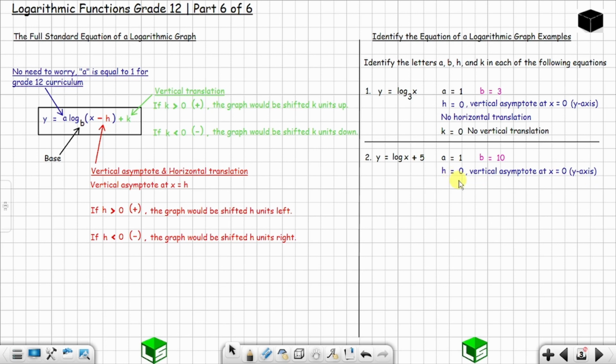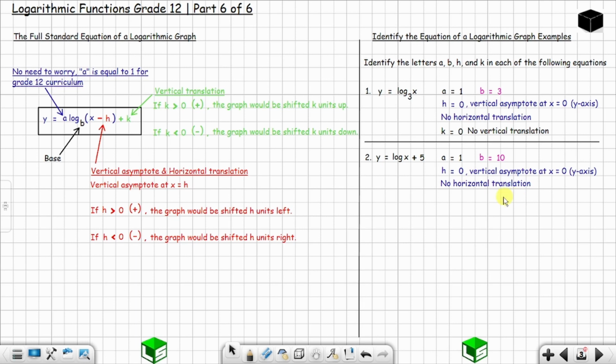Because h is equal to 0, there is no horizontal translation. So the graph did not move to the left, neither did the graph move to the right.